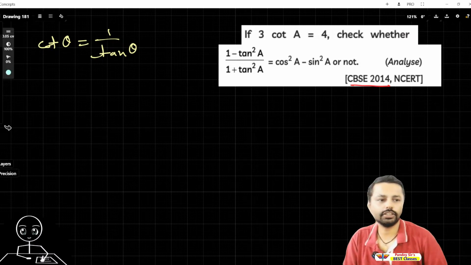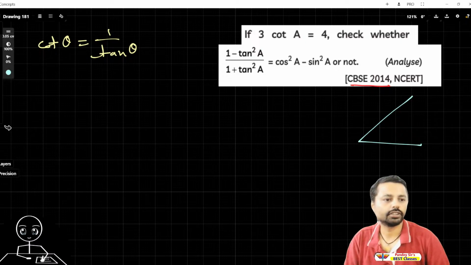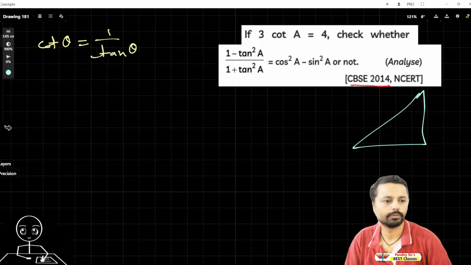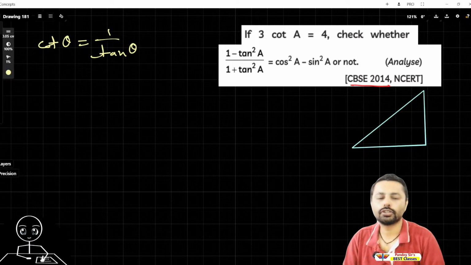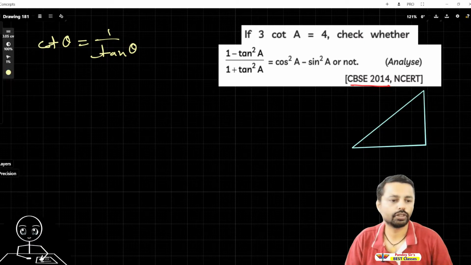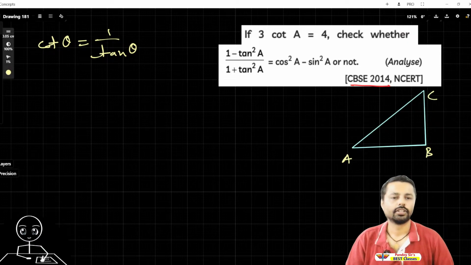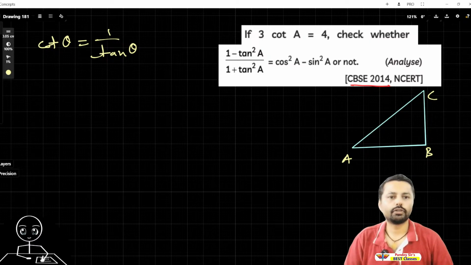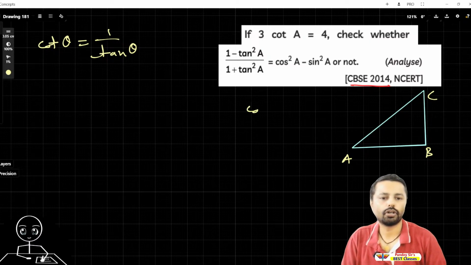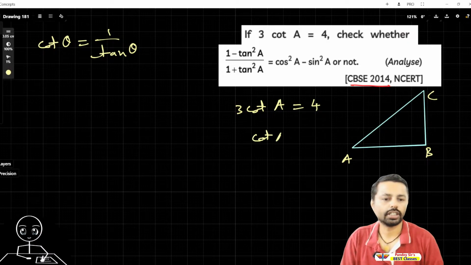In these kinds of questions, you must first make the triangle. Now, what is cot? Cot is base by perpendicular. So let's say this is triangle ABC. 3 cot A equal to 4 means, taking 3 to the other side, cot A equals 4 by 3.